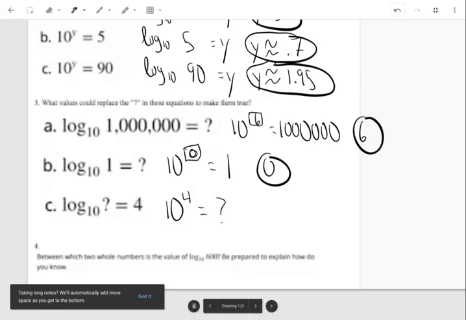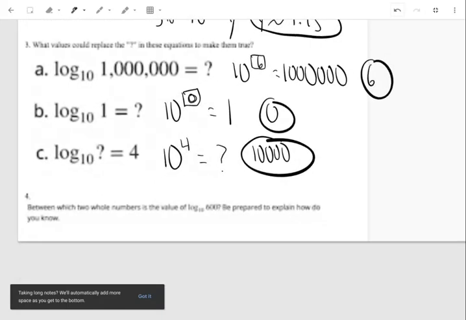So log base 10 of question mark equals 4 is really asking what's 10 to the fourth power? Well, that's going to be 10,000, because 10 cubed is 1,000, so 10 to the fourth will be 10,000.